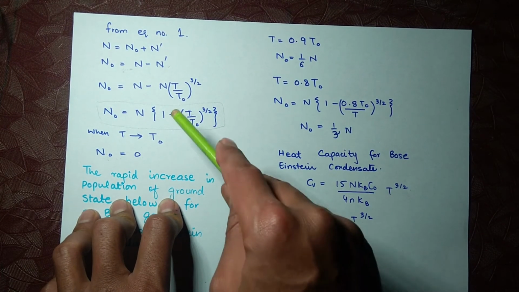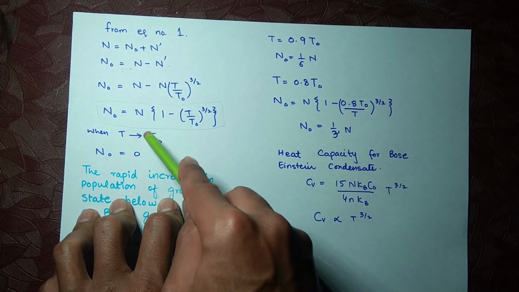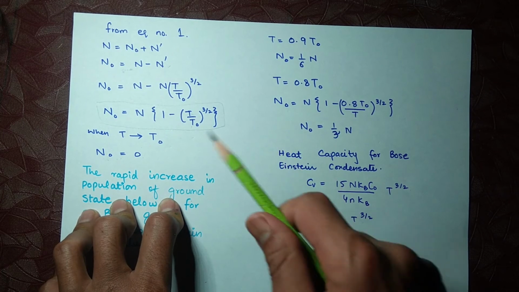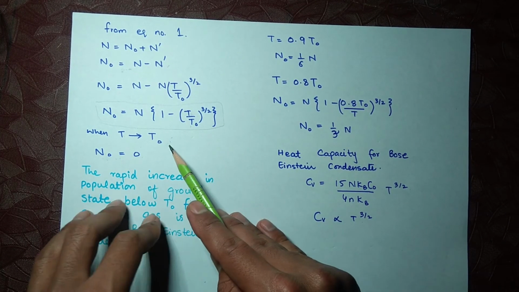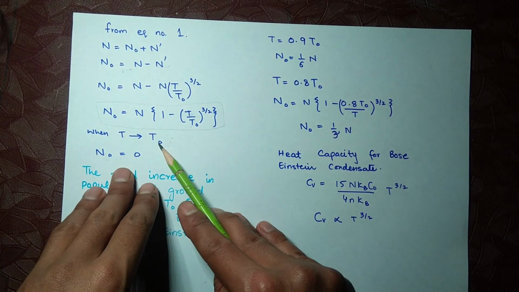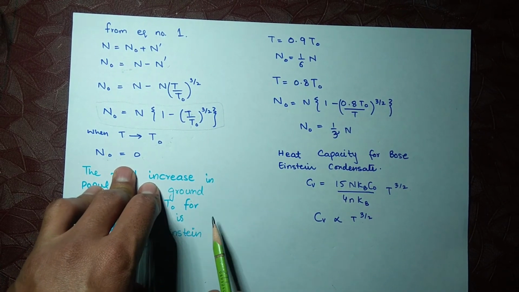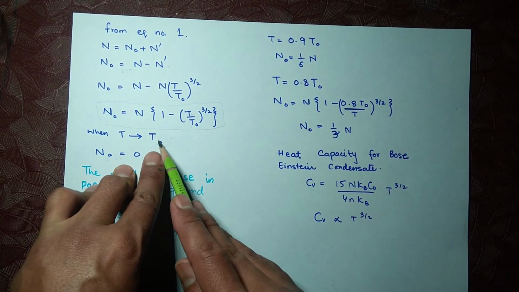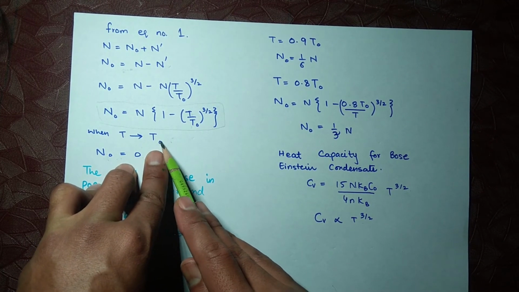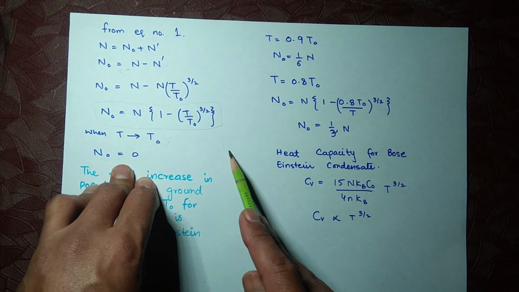This equation tells us that at the degeneracy temperature, you don't have any bosons in the ground state. You can say that this is the minimum temperature at which bosons are not allowed to stay in the ground state.